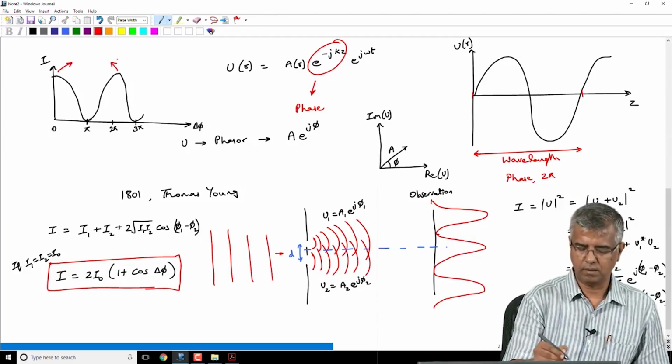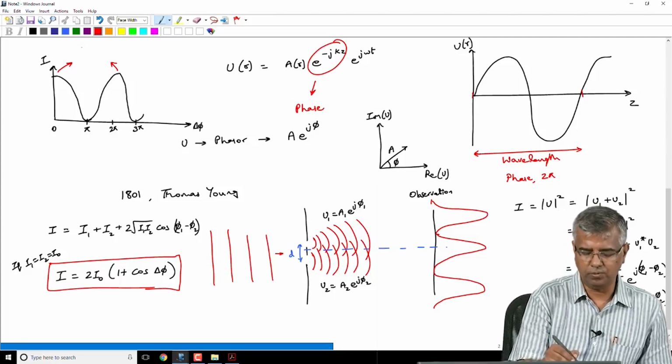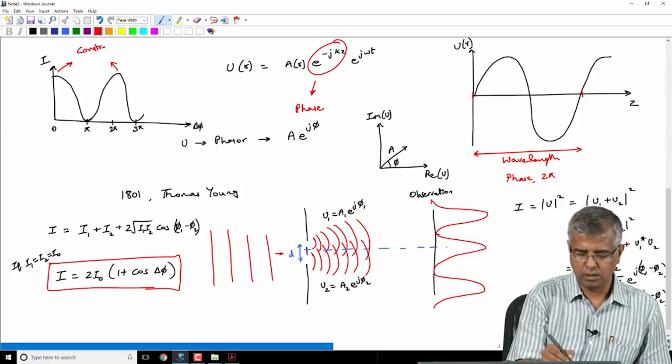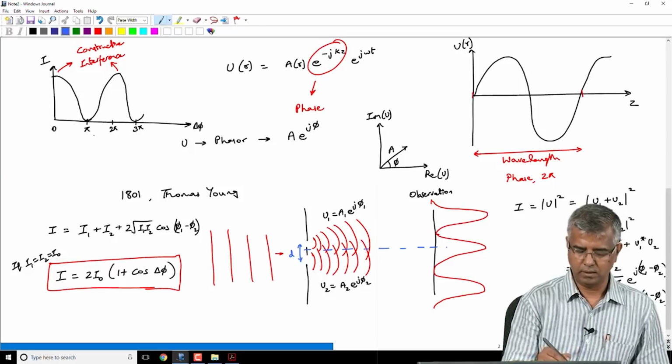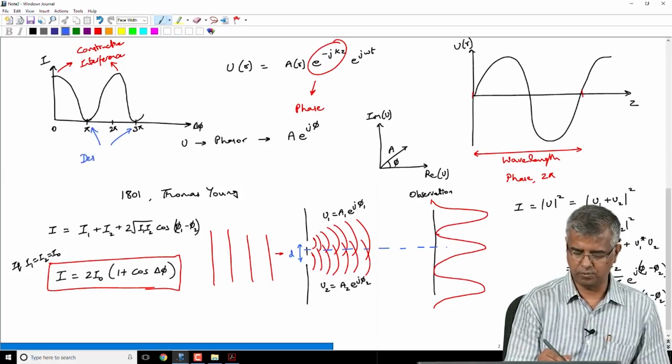So, what does that tell you? These are representative of constructive interference, and these points are representative of destructive interference.